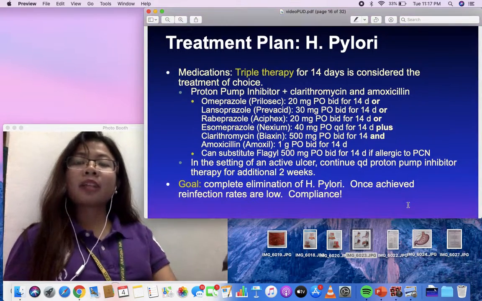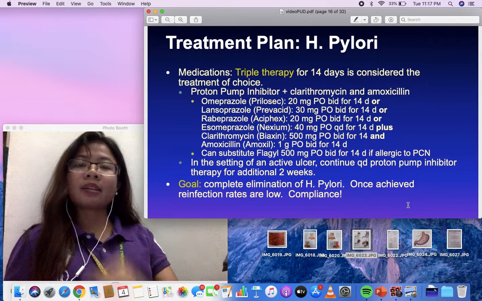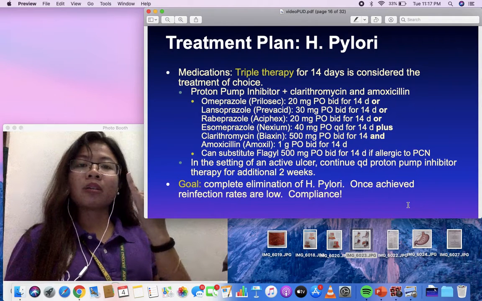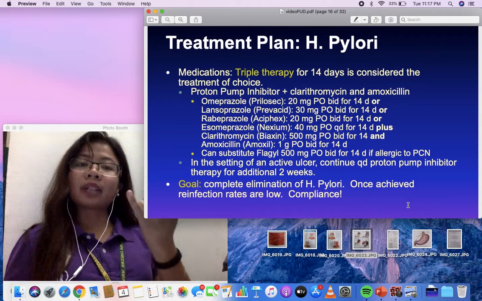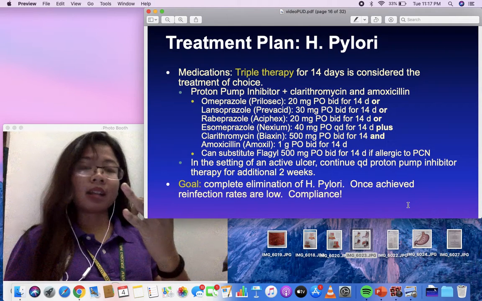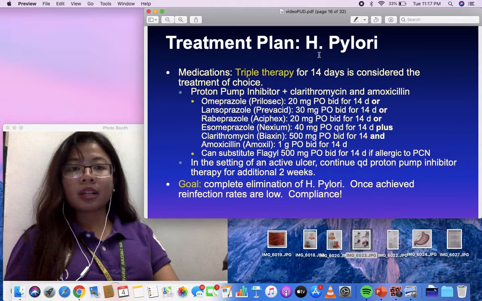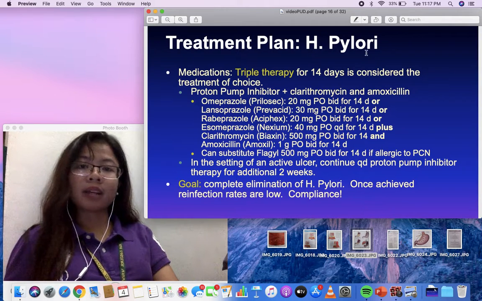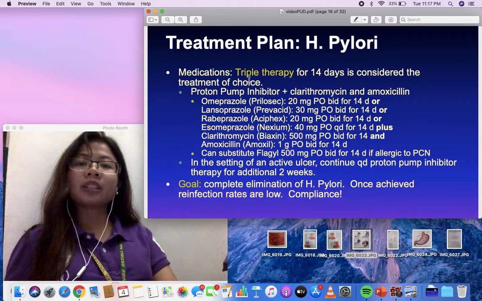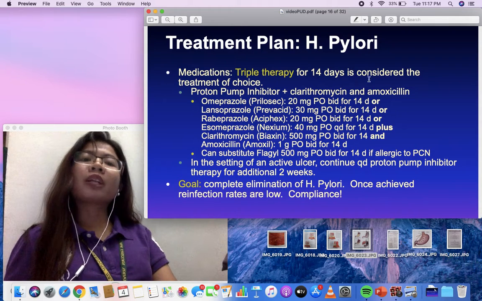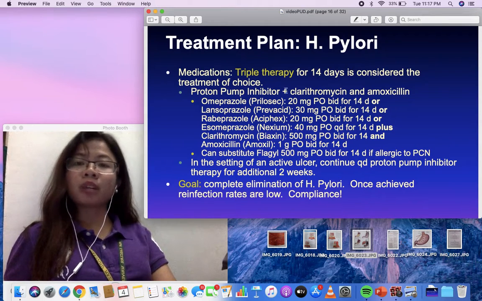Next, there are two types of treatment plan. It's based on with Helicobacter pylori and not Helicobacter pylori. But first, let's discuss with Helicobacter pylori. Here are the medications. Triple therapy for 14 days is considered the treatment of choice.